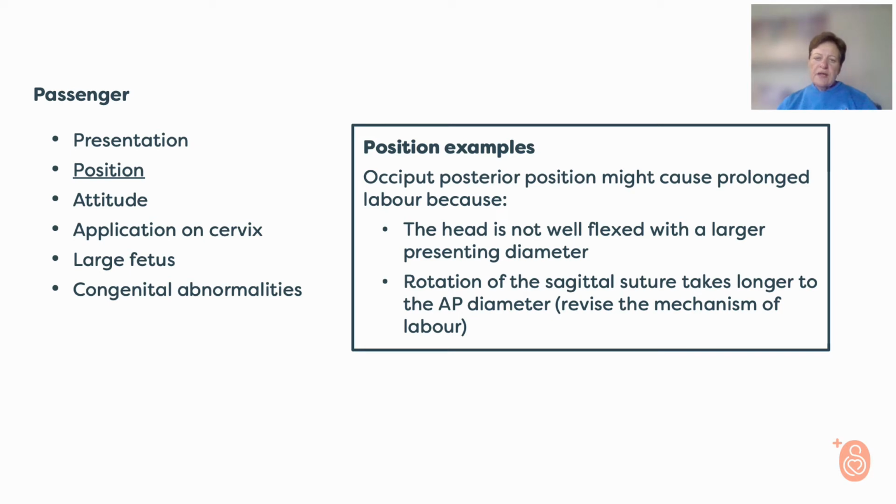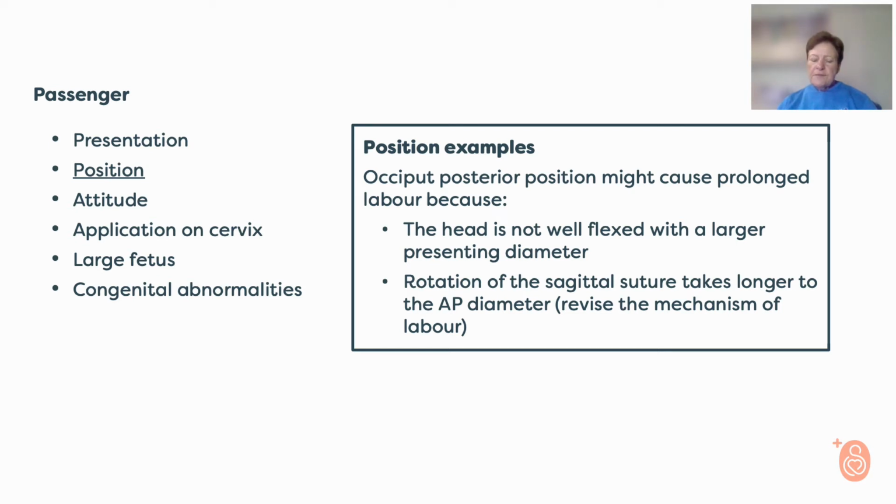For example, in the case of an occipito-posterior position, we might have a longer labor because the fetal head is not well flexed, and with a larger diameter that presents, labor might be longer. Also, the posterior occiput needs to rotate so that the sagittal suture becomes in the AP diameter.